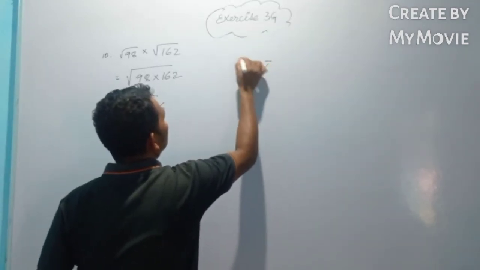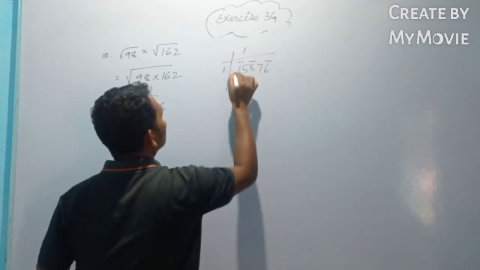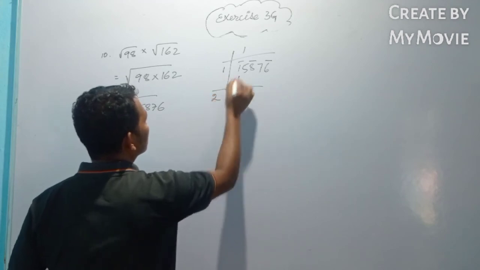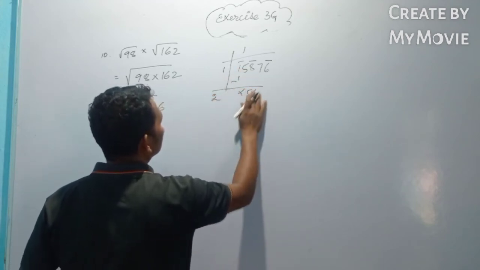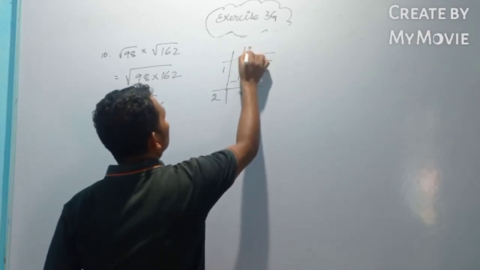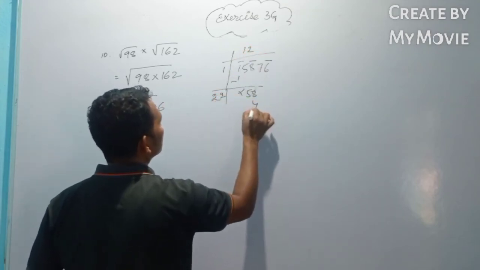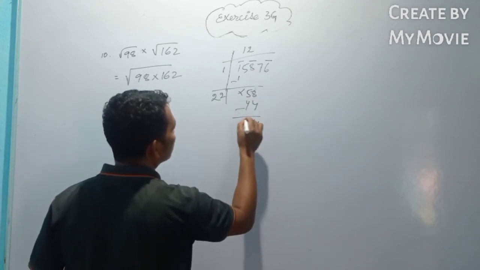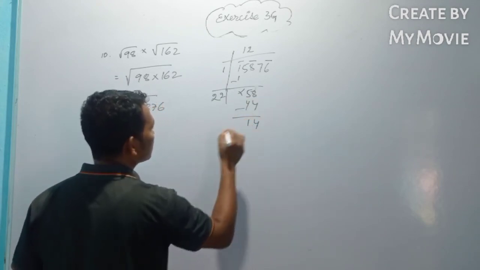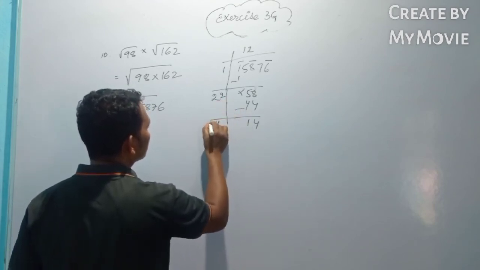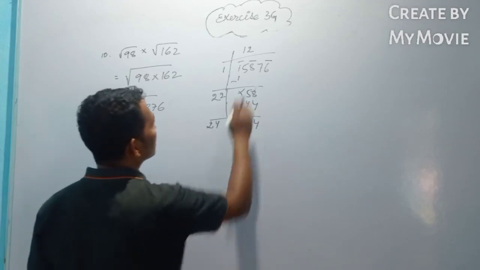Okay, 1 1 is 1, 1 plus 1 is 2, then bring this down. Okay, 58. Here we have 8, 2 2s are 4, 2 2s are 4, 8 minus 4 is 4, 4 minus 5 minus 4 is 1, then this side 2 plus 2 is 4, okay 24, then bring this down.